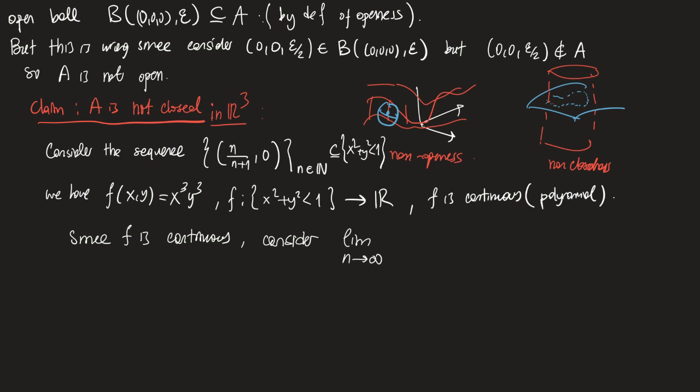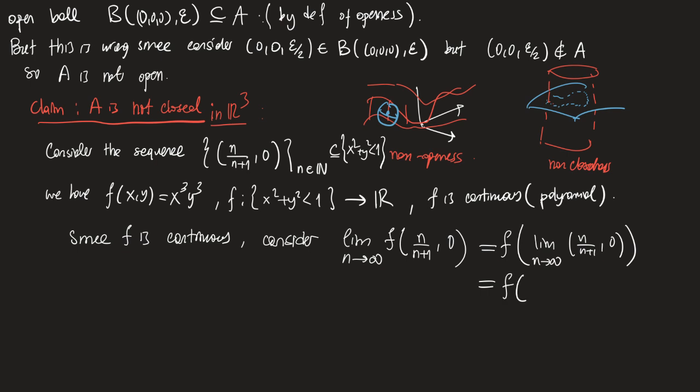Now I can finish my claim. Take the limit of f of (n over n plus 1, 0). Since f is continuous, I can evaluate the limit inside. The limit as n goes to infinity of (n over n plus 1, 0) is just equal to f of (1, 0).